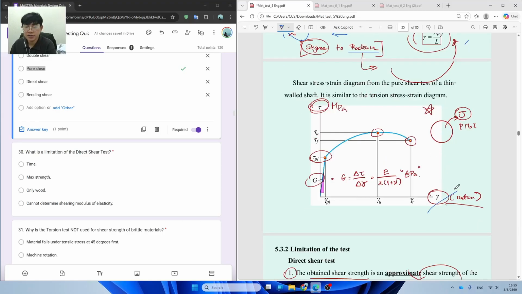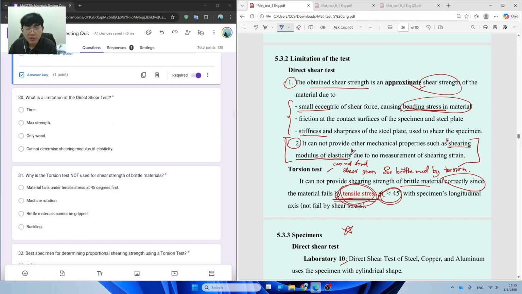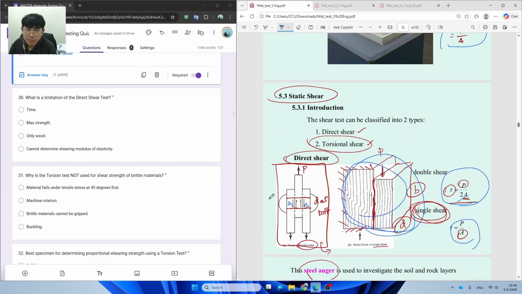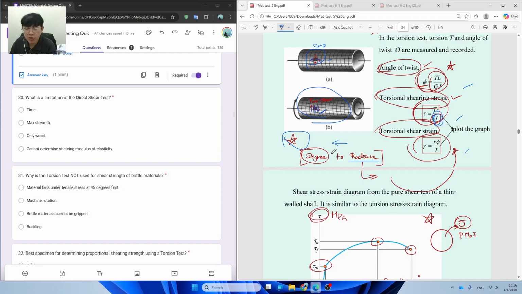So this one is a big note. And these are the shear strain diagrams. I already explained this a lot previously, so I'm going to skip this. And this is when question 30 comes: when we test the direct shear test, we cannot find the shear modulus of elasticity, because we cannot find shear stress and shear strain from that direct shear test, okay, compared to torsional testing.